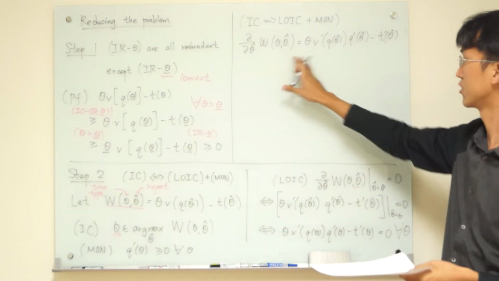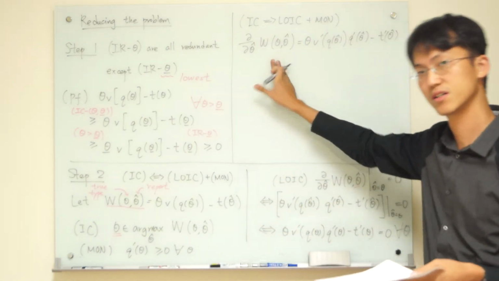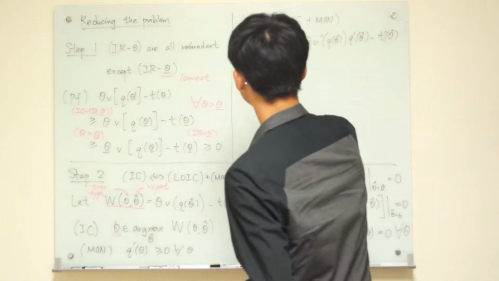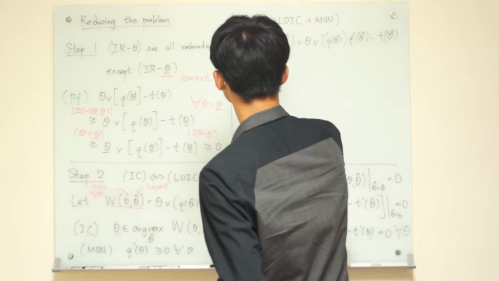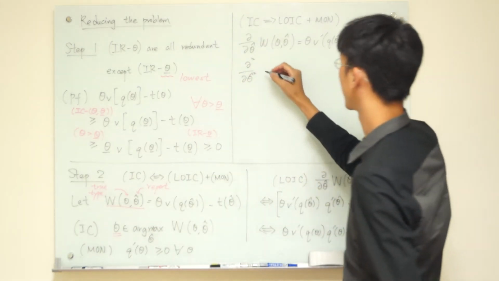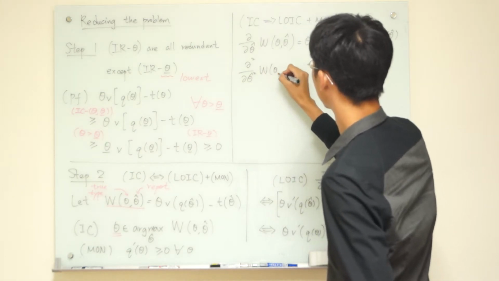This is the first order derivative of your W function. Indeed, you have done that once. But here we need to do it twice. We need to do it one more time.